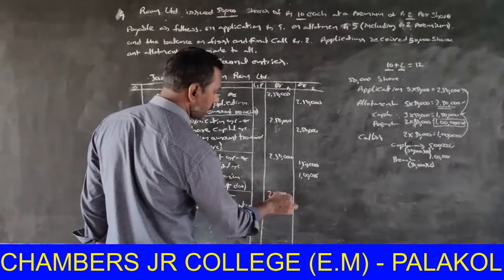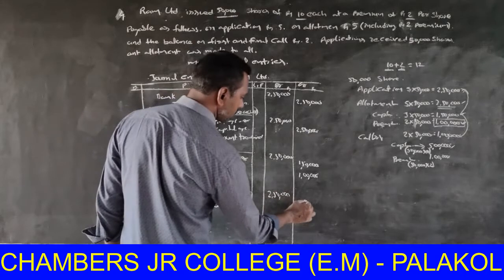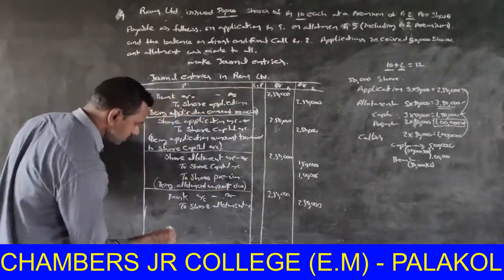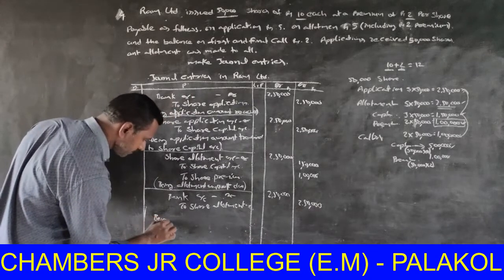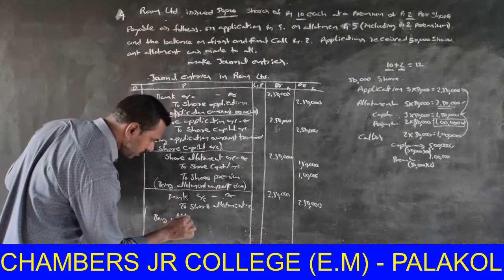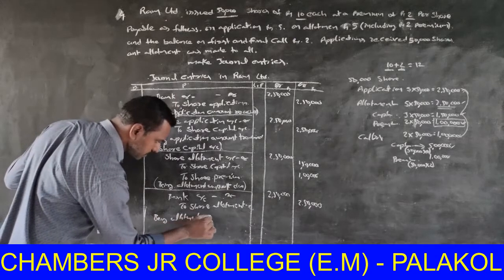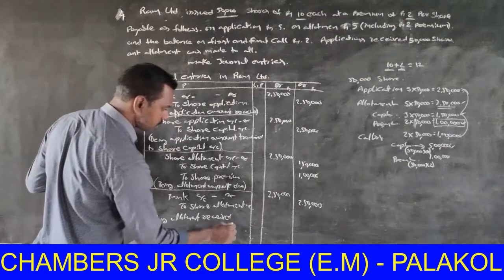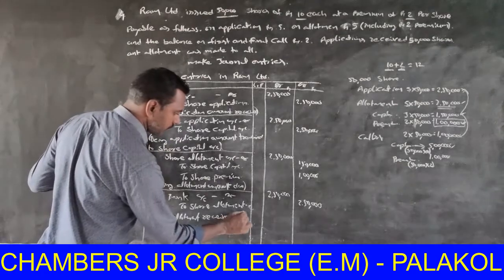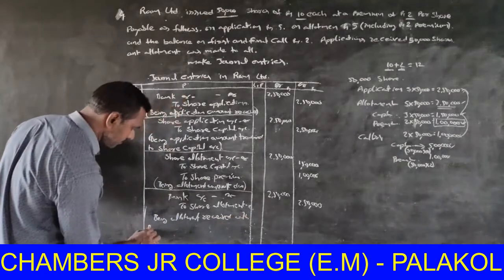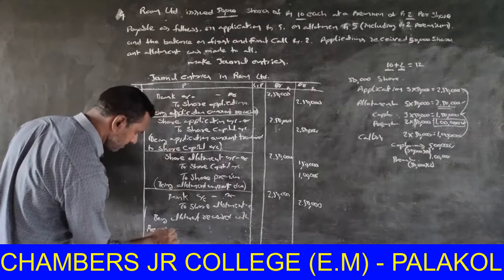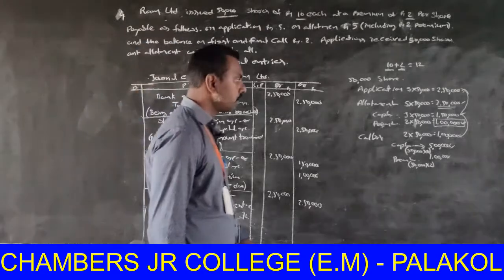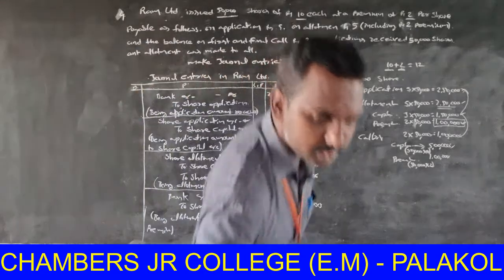The allotment amount 2,50,000, being allotment received with premium. Allotment received with premium for 50,000 shares.